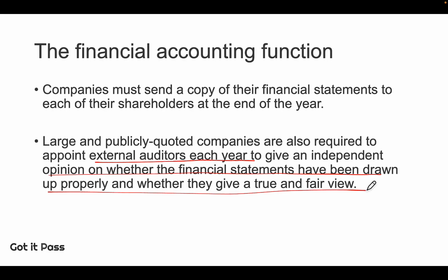For true and fair view, we will go through it in detail in another class about audit, because it is from the auditor's point of view whether the financial statements are true and fair. From the auditor's point of view, they don't say it's accurate, because they cannot investigate every transaction.